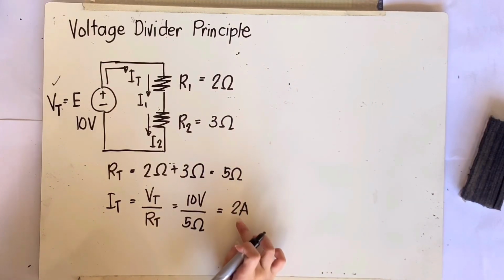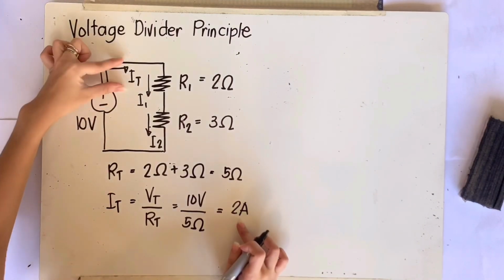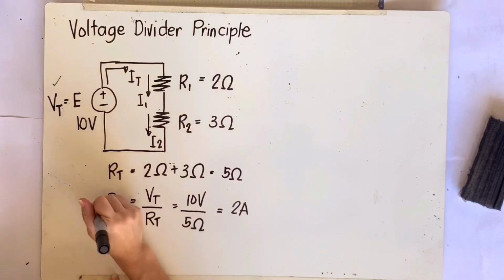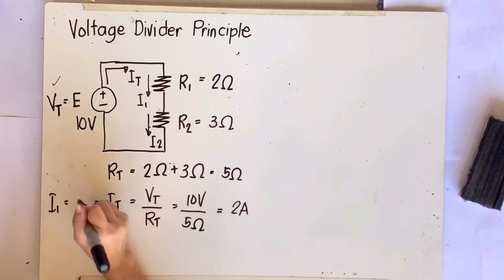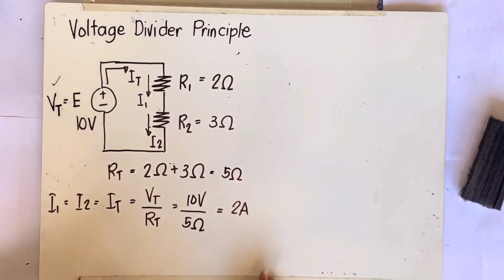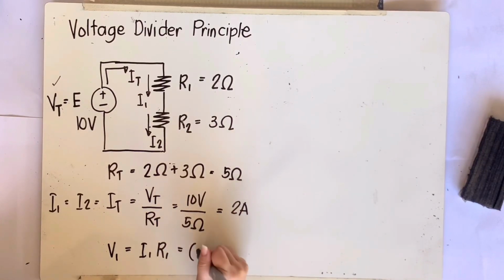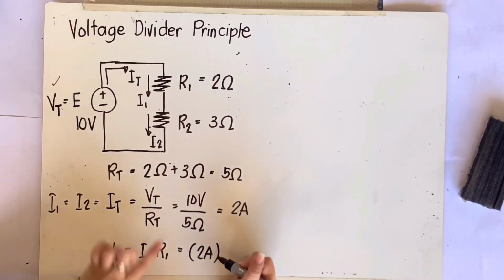So, this 2 ampere current, which is your I total, will also become your current in R1 and your current in R2. So, yung ating IT, equal na siya kay I1, also equal to I sub 2. And getting the current flow, pwede ko nang isolve si voltage drop 1, and that would be I1 R1. So, we have 2 amperes multiplied by what is R1?